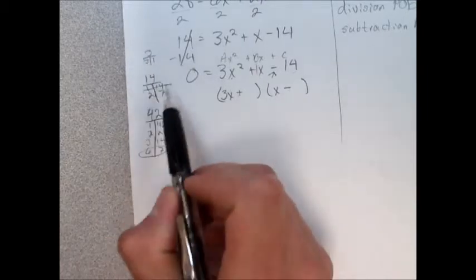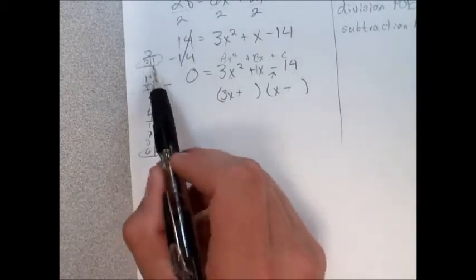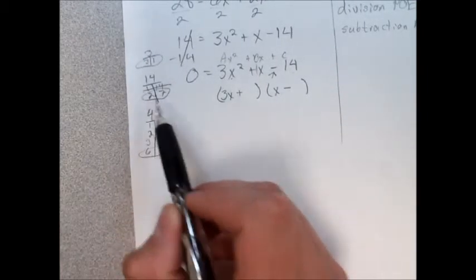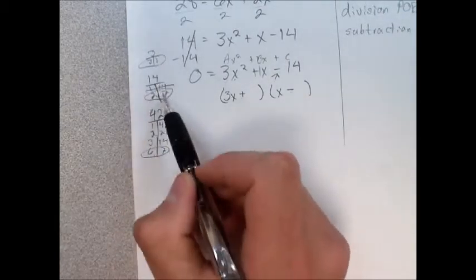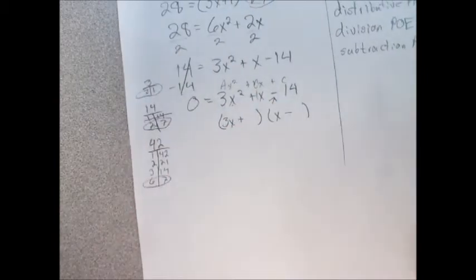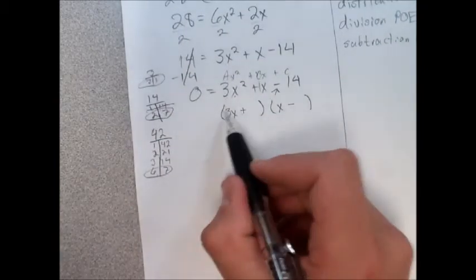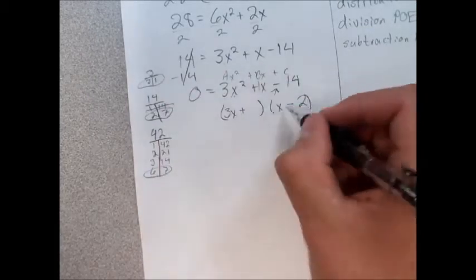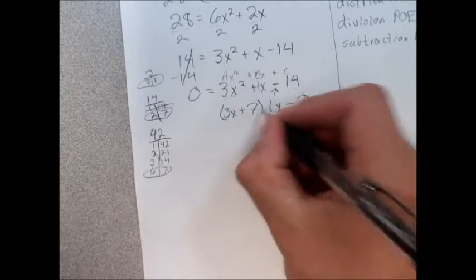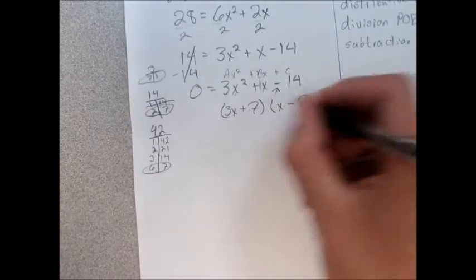So that one's out. 3, 1, and 2 and 7 will give me 6 and 7. Notice 3 times 2 is 6. 1 times 7 is 7. Okay, so I know that my 3 is going to have to multiply by a 2. So when I do my foiling, 3 is going to multiply by 2. And my other factor was 7. So 7 is going to multiply by 1. This is all equaling 0.